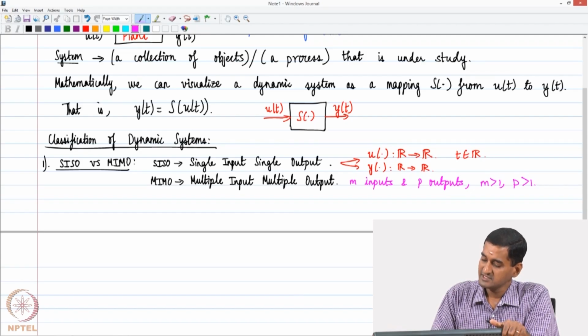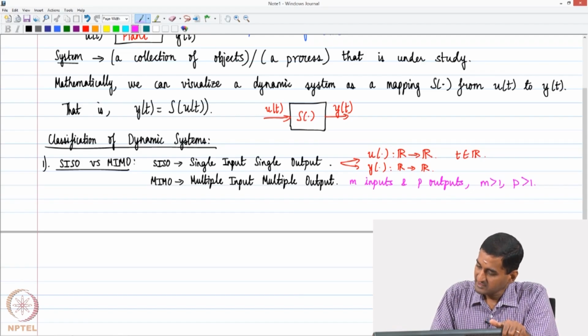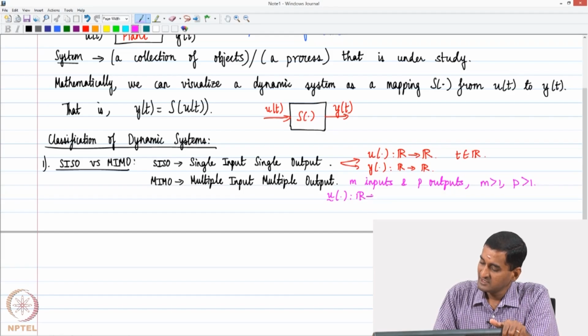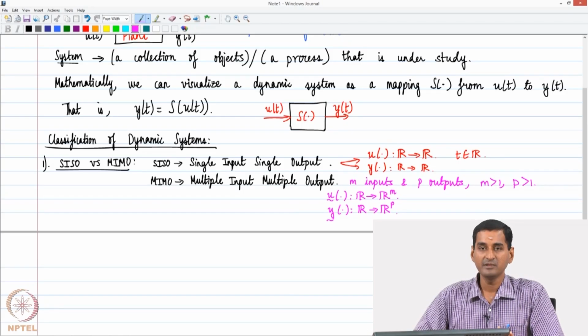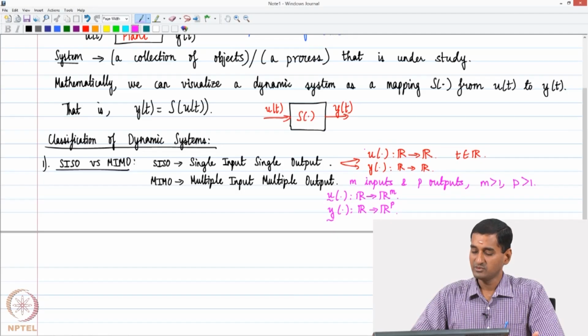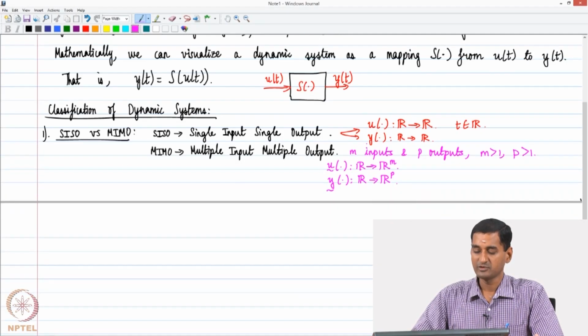What is going to happen is that we would have our input to be a vector valued function which will take time and then map it to a vector of dimension m. Similarly, I would have the output vector to be a vector valued function of time which will map it to a vector of dimension p. Okay. So that will be a scenario of a multiple input multiple output system.